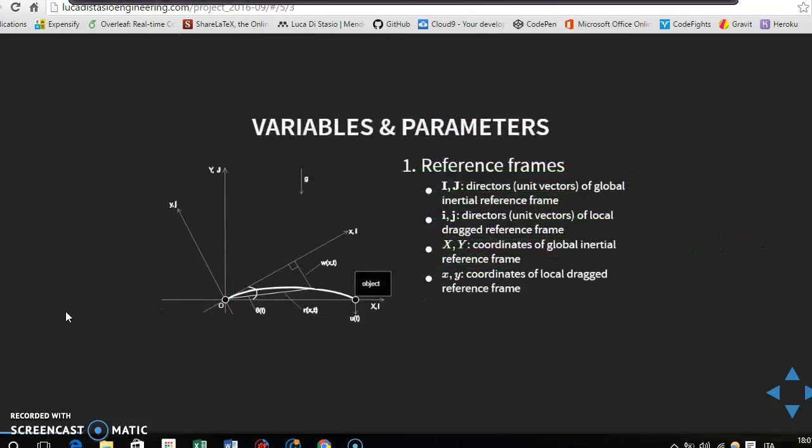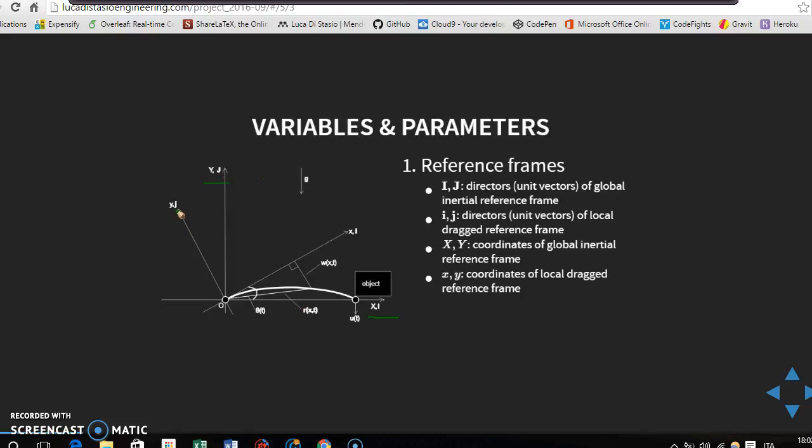So, let's start with our variables and parameters. First of all, the reference frames. We have two reference frames, one inertial one, in particular a fixed one, which is denoted by i, j. So i and j are the unit vectors of the axes, while X and Y are the coordinates.